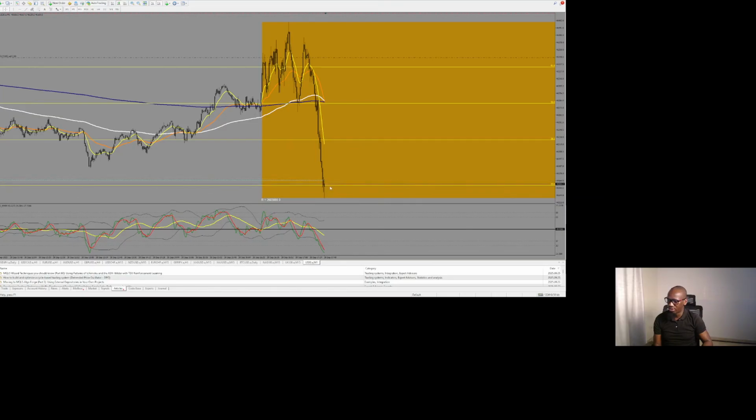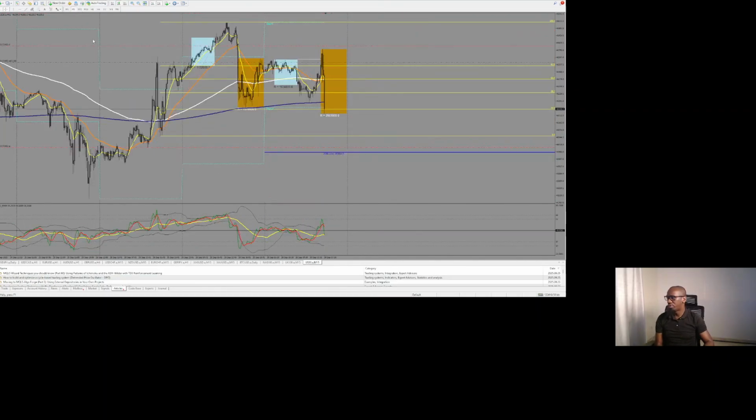If price now starts to move closer to this 13 EMA, because after 4 touches, then that means price will be ready to now stage a reversal. Right. So we switch back to the 15-minute chart.